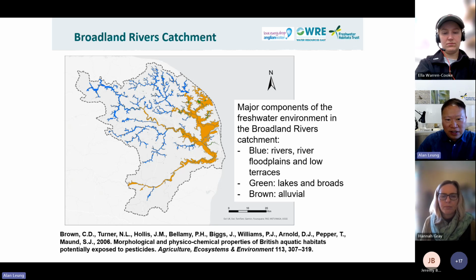We have some lakes and the Broads area together, and particularly in the lowland region and around the Broads there is a lot of alluvial deposit. If you take a brief look at this map, the northern part of the catchment seems a bit wetter compared with the southern part around the River Waveney catchment.